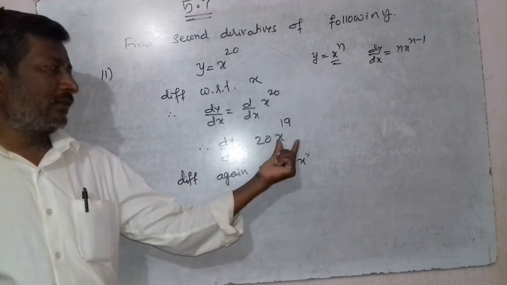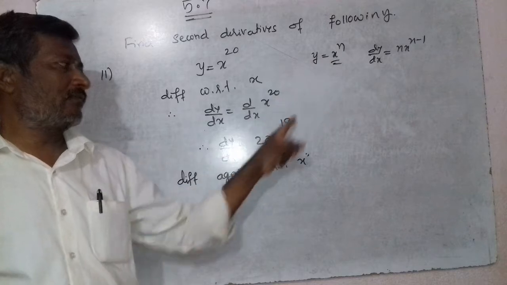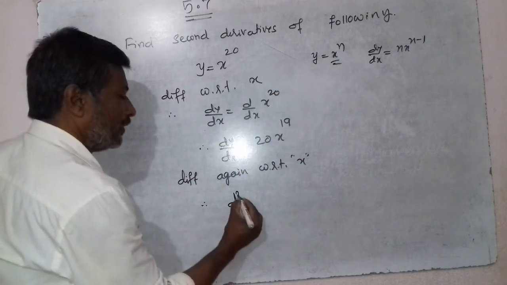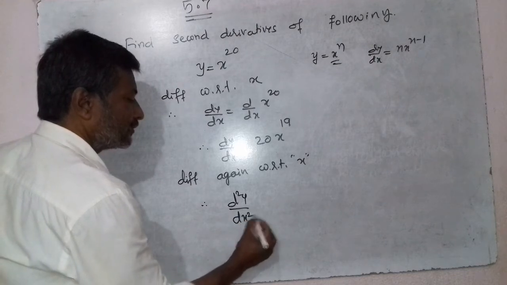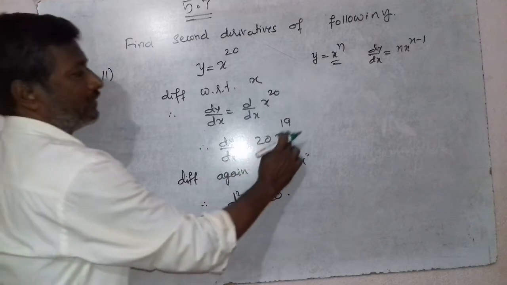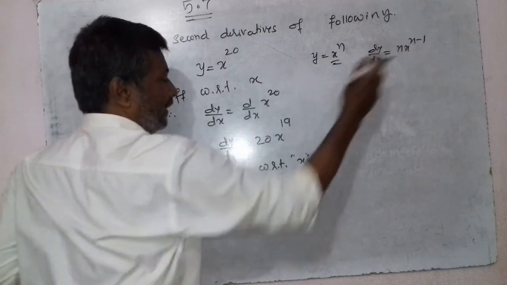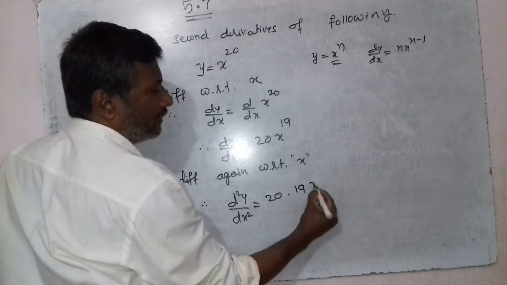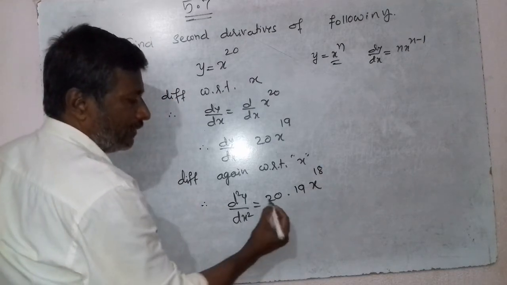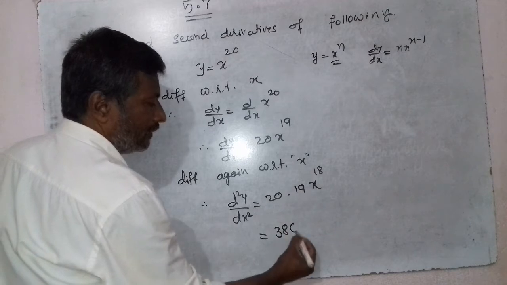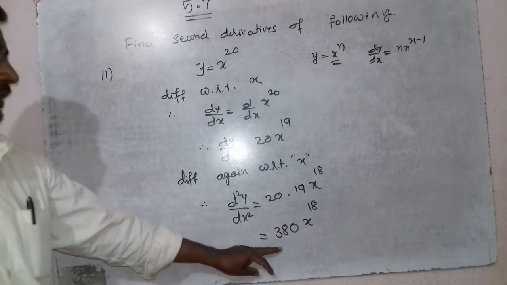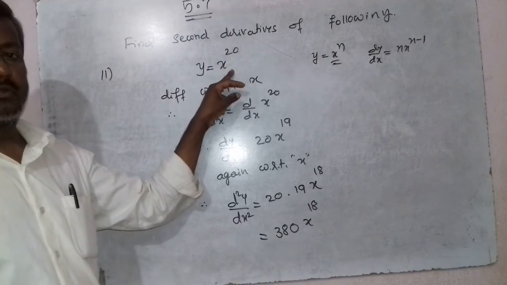Again here, x raised to 19, the same formula applies. Therefore d square y by dx square equal to 20 into 19 x raised to 18. So this equals 380 x raised to 18. So this is the second derivative of x raised to 20.